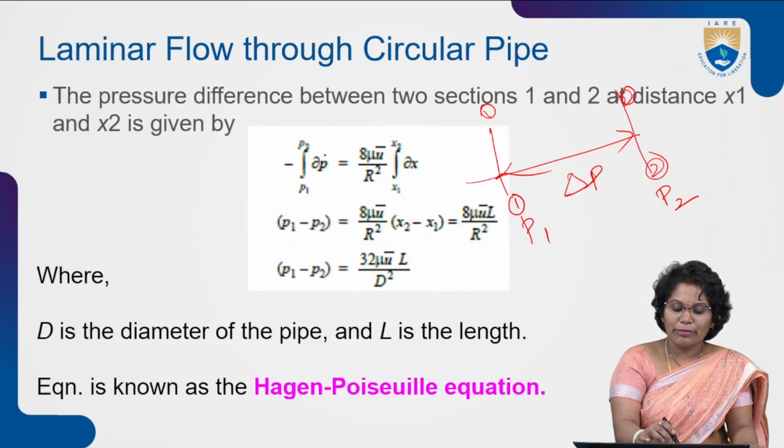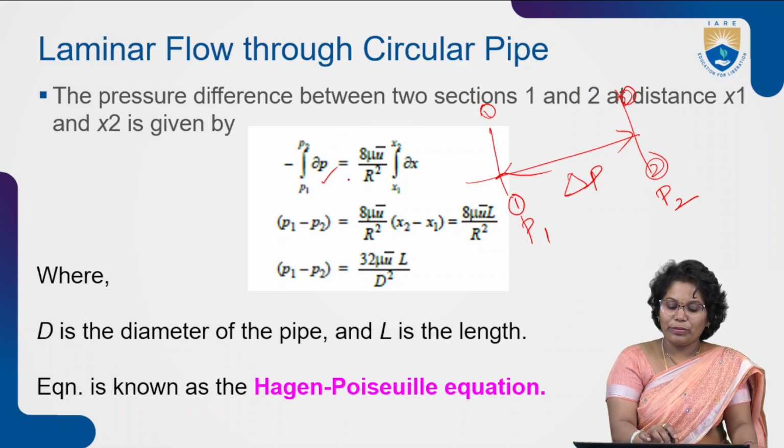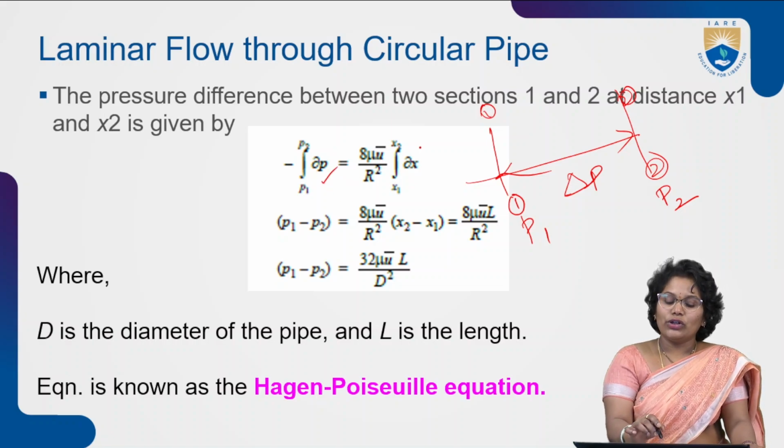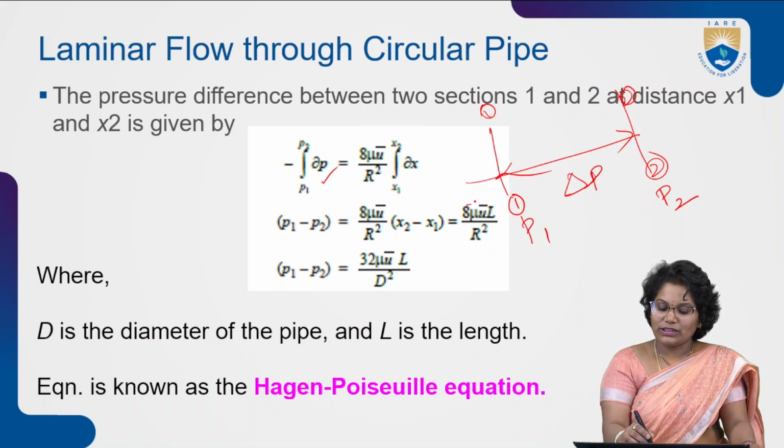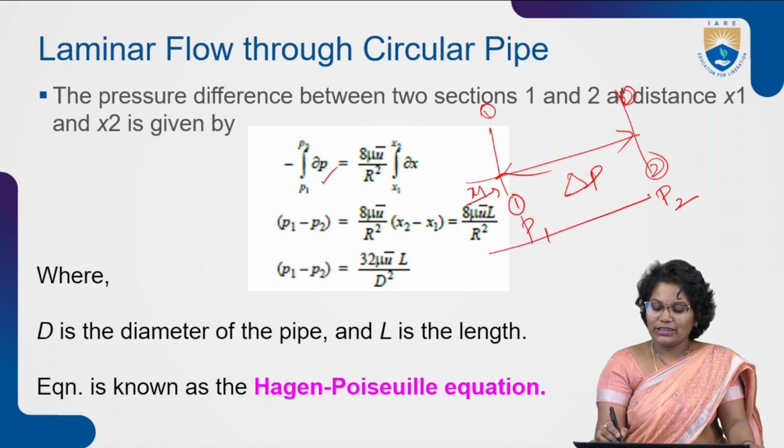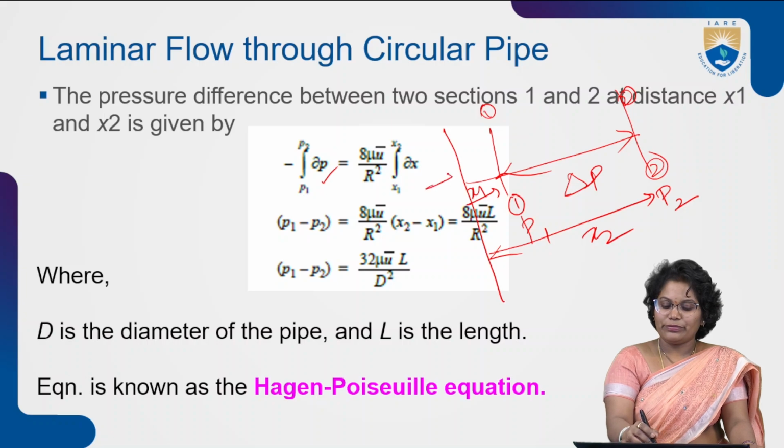Since I am calculating the pressure drop, dou P is equal to 8 mu U bar by R squared, integrated from x1 to x2, where x1 and x2 are the distances along the pipe. So P1 minus P2 is equal to 8 mu U bar by R squared into x2 minus x1.